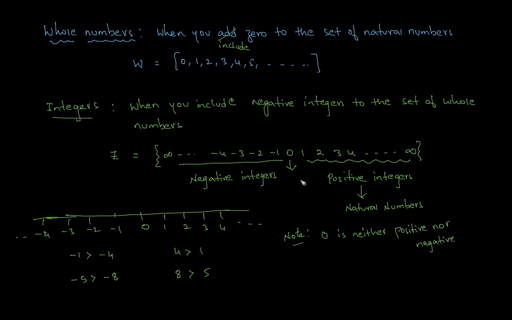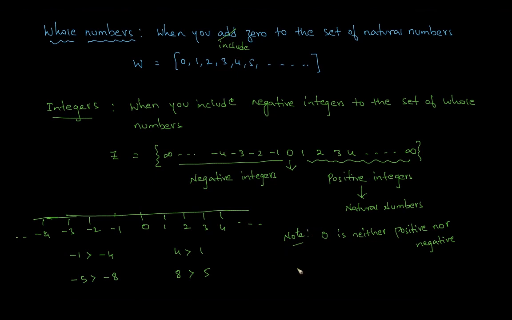That is the reason, when I tell what the positive integers are, you should say 1, 2, 3, 4. All positive integers are natural numbers, so we did not count 0 as a positive integer. In the same way, when I say negative integers, it starts from minus 1, minus 2, minus 3, minus 4. So 0 is neither positive nor negative, right?